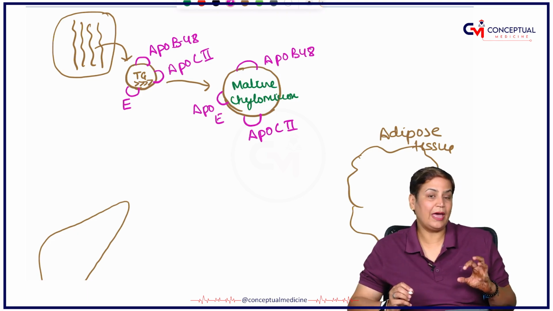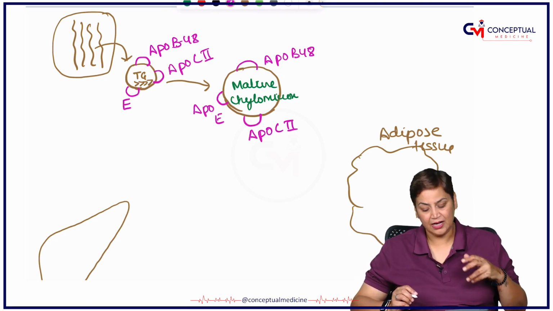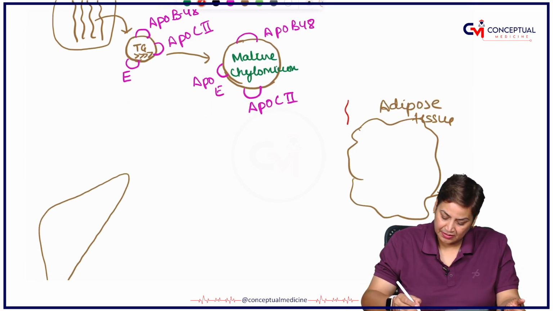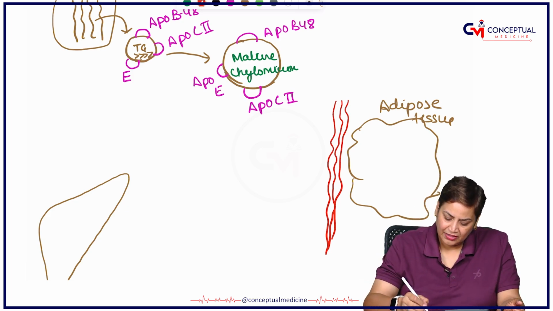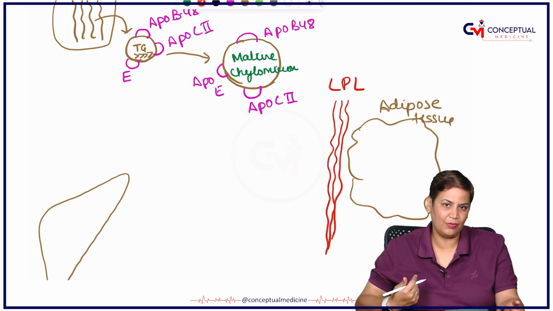Now I told you Apo C-II का function क्या है? It is an activator of LPL. Now what is this LPL? LPL will be here like this in the endothelial lining. So this LPL is going to accept these mature chylomicrons.